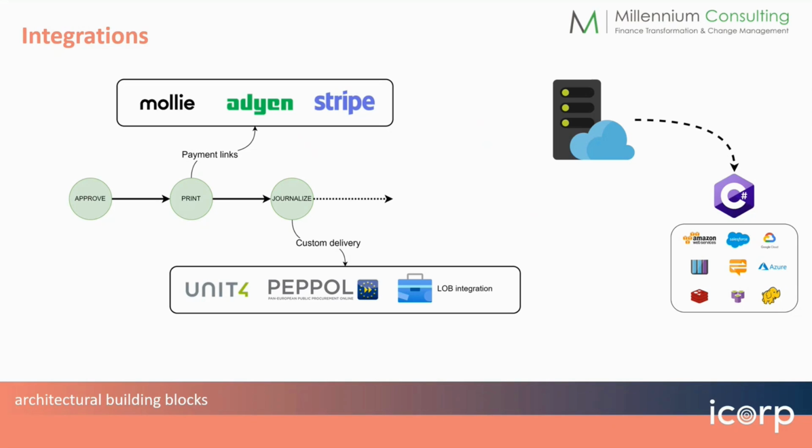And sometimes the business really has a sophisticated automated process, and in that case, we integrate with their own line of business application. What you see on the right side here is a graphic that explains that within each of those steps, it's really possible to integrate custom logic by programming a small piece of business logic, to integrate with all kinds of systems.